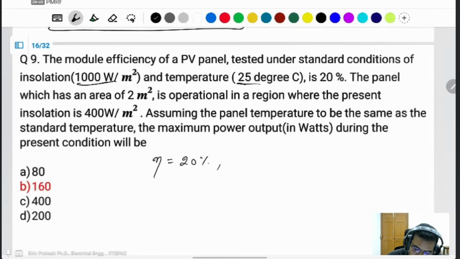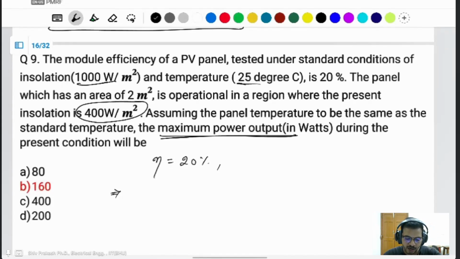They are asking about the maximum power output when the insolation is reduced to 400 watt per meter square. First, calculate the input power at the standard condition.